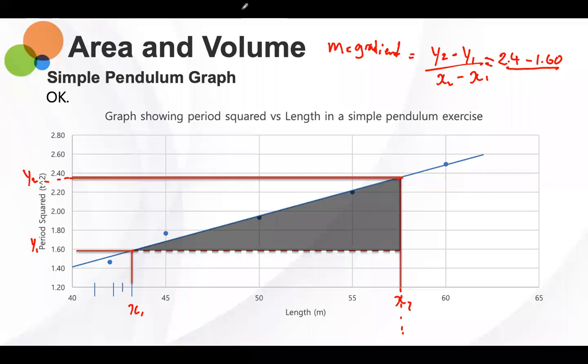Is everyone seeing that? If you're not seeing that, please tell me. All right, I'll take that as everyone sees it. So 57.5 minus x1. What is x1? We'll do x1 together.